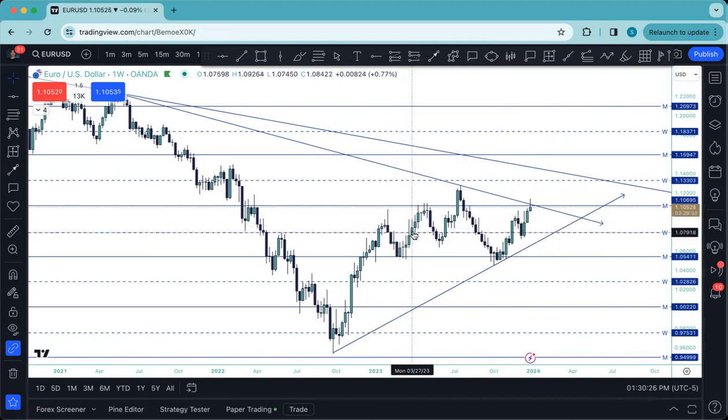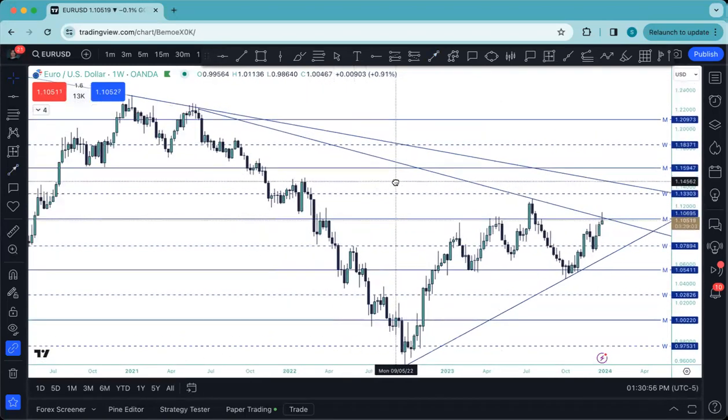And then once I go down to smaller time frames, I know that if it's nearing one of these monthly or weekly levels or trend lines, that is a strong area. It's going to take a lot of momentum, a lot of high risk news to be able to break through those areas.